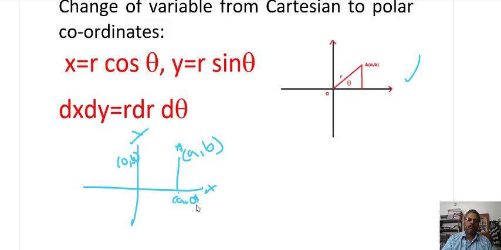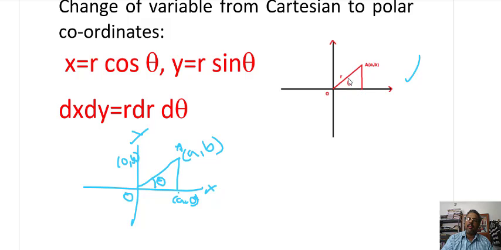Suppose you join the origin and a. So theta is the angle between the x-axis and this straight line.